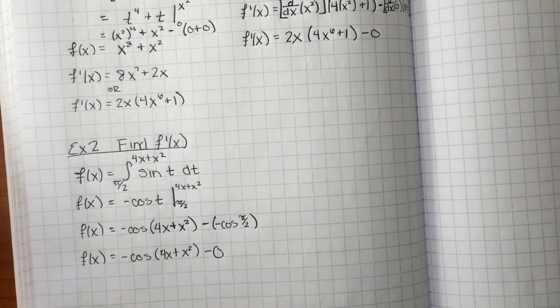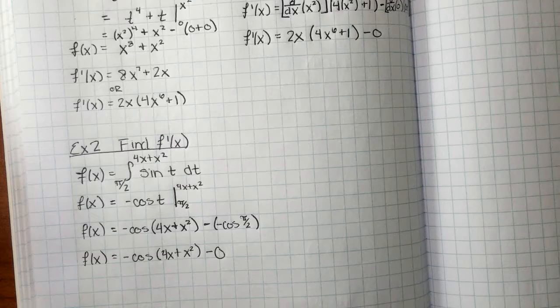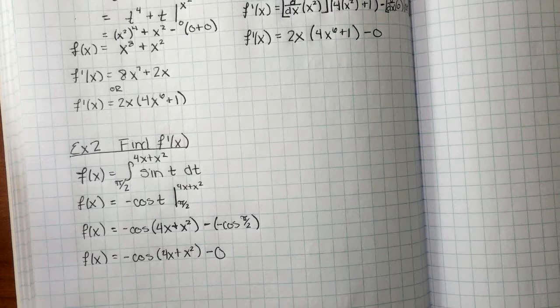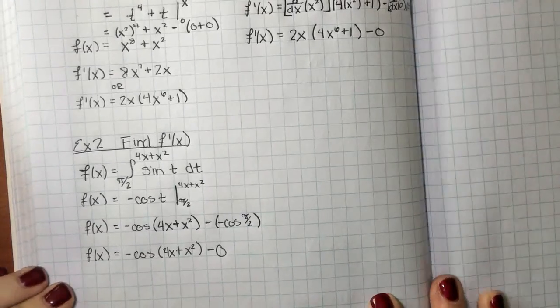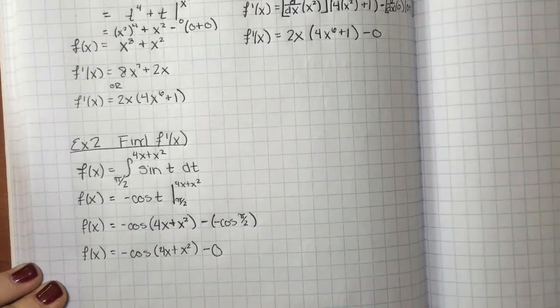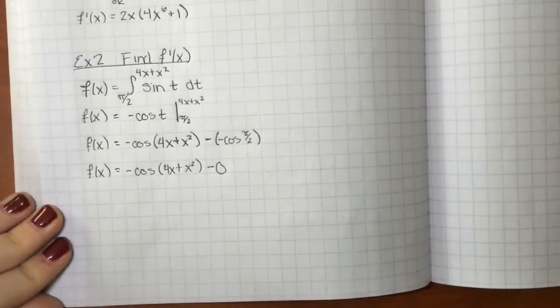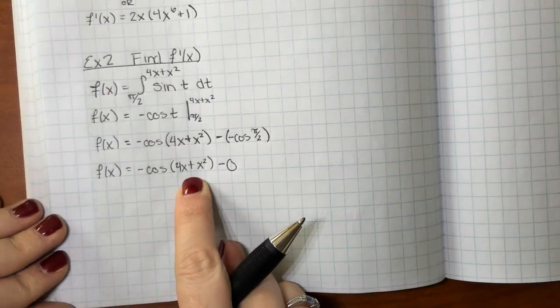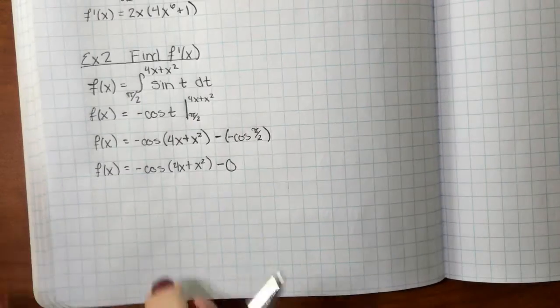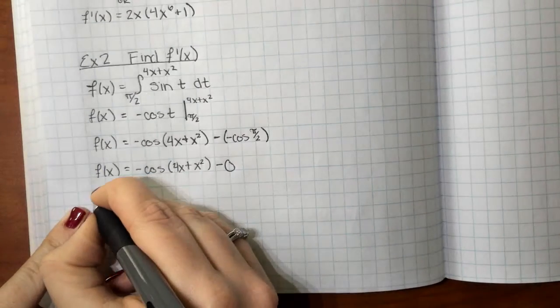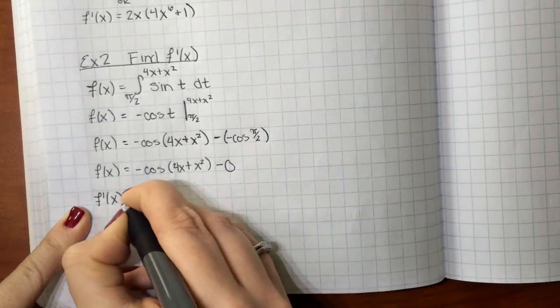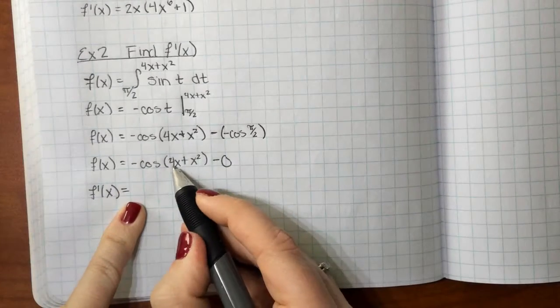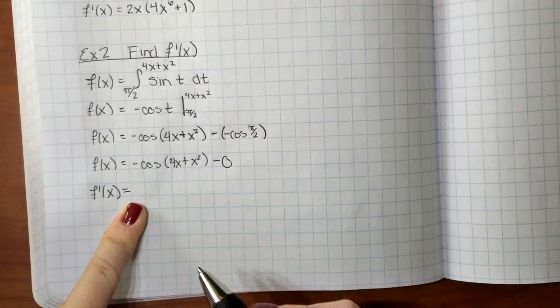Are you guys okay with that as our function? So far, so good. But that's not what it wants. What does it want? It wants a derivative. What kind of rule do I have to use for the derivative? We have to use a chain rule, because I have a function within cosine, okay? So now, if I find f prime of x, what is the derivative of 4x plus x squared?